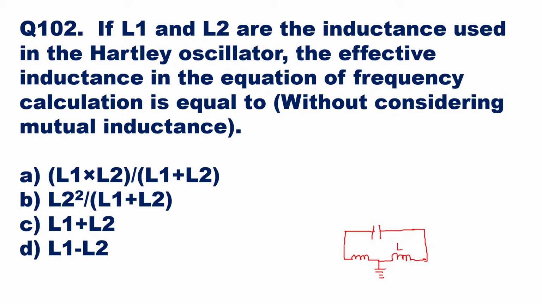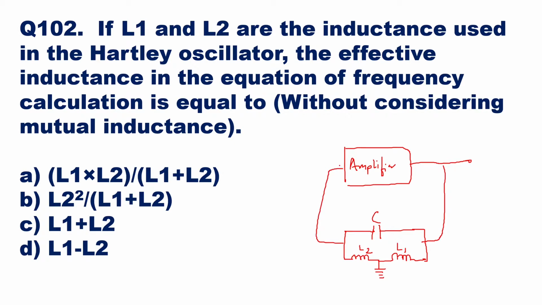You can have this as L1, this as L2, and this as C. So this will be a feedback network, and here you will be having your amplifier network. This is going to give you the output, and the output is given to this feedback, and this feedback is going to give the input to the amplifier. This will act as a Hartley oscillator circuit.